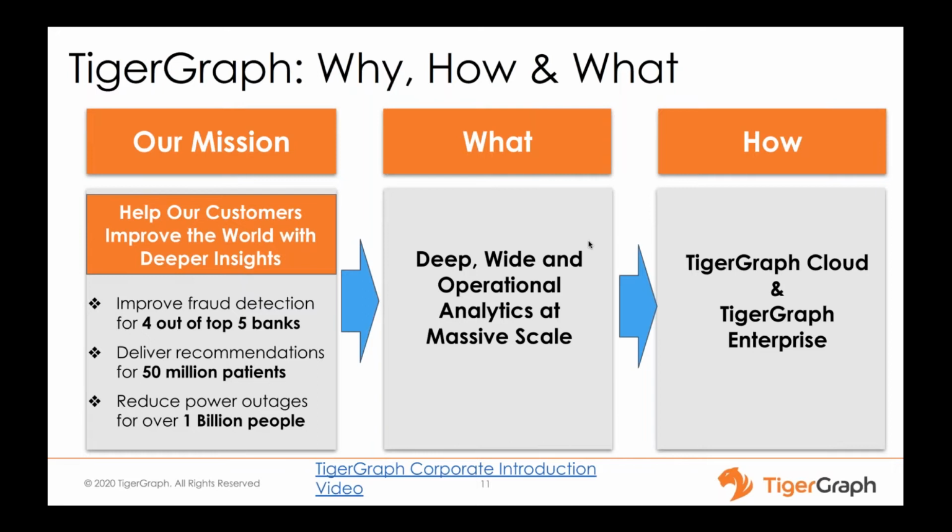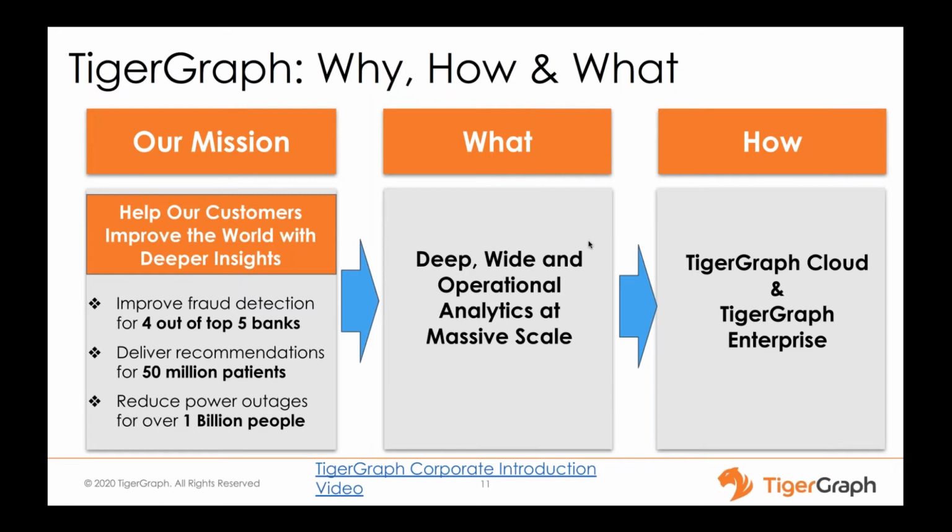If you look at our customers, we are helping improve fraud detection at 4 of the top 5 banks in the world, and we are able to deliver recommendations in the healthcare industry with the top vendor for up to 50 million patients. Some of the infrastructure companies use us to reduce power outages for over a million people.